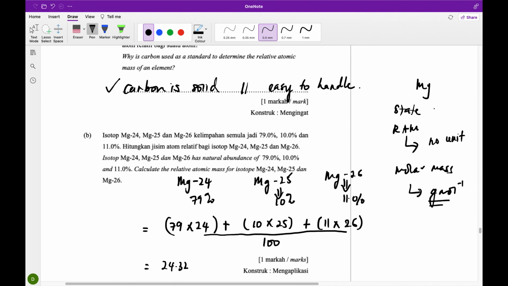You have to state the unit. So be alert with the question. If they ask for molar mass, state the unit, gram per mole. If they ask for relative atomic mass or relative molecular mass, RMM, then no unit. You don't have to write the unit.